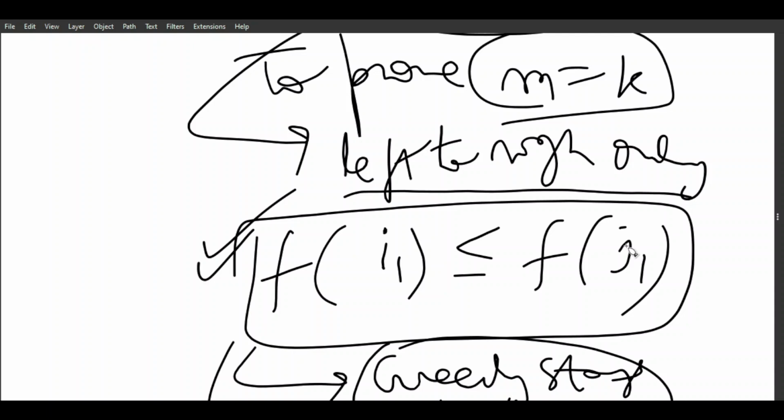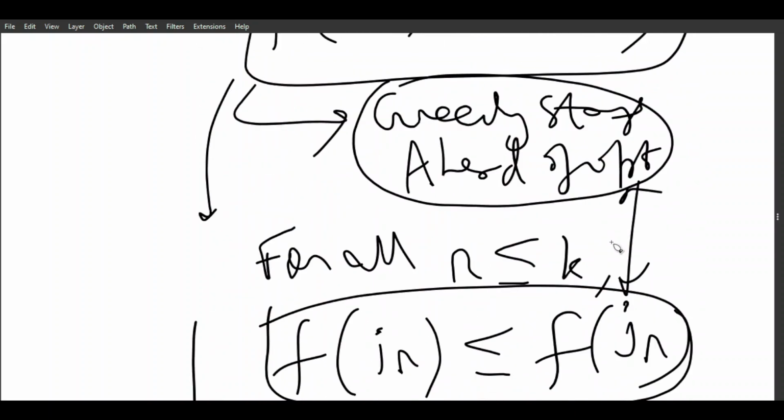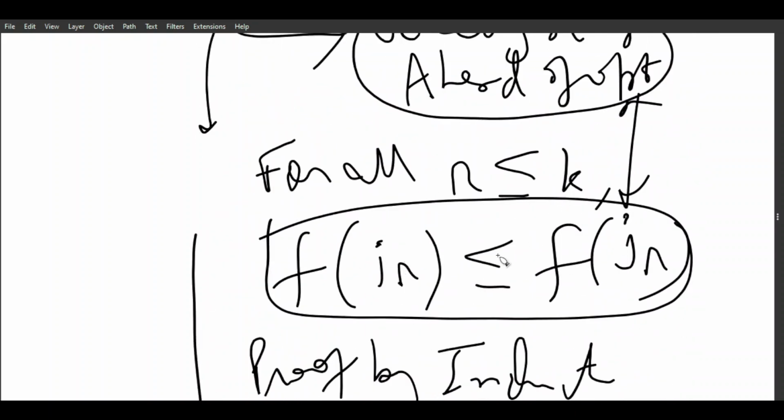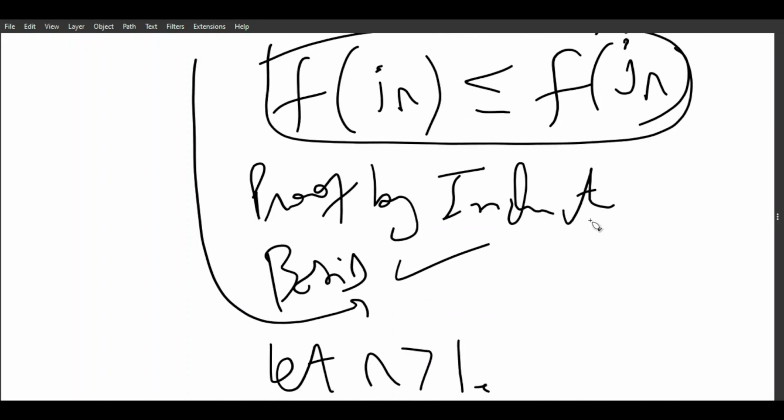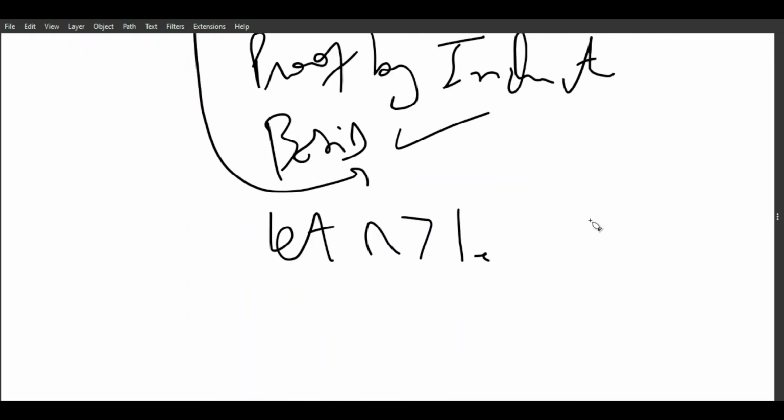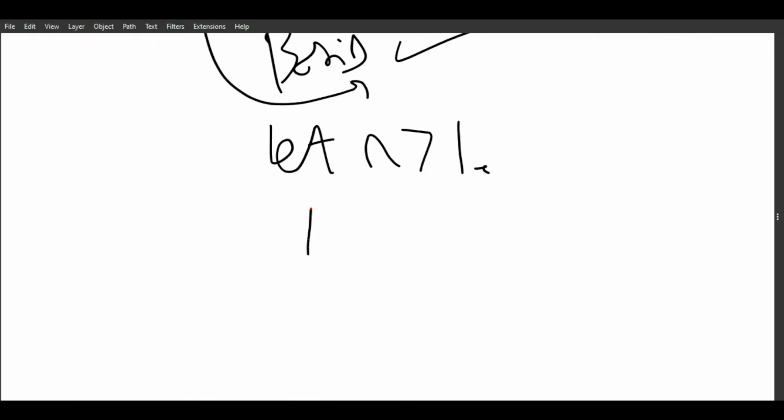Now we want to prove the same thing for any general r: F of Ir is at most F of Jr. Here we are applying induction. The basis is already proved, so we assume it for index r minus 1.